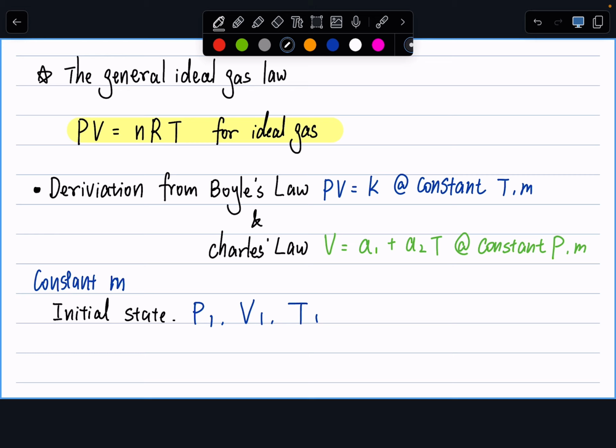And these two will always equal each other to some constant. So by only using Boyle's law and Charles law, what we have derived is that even if we change all three, the pressure, volume, and temperature, from one state to a different state, this relationship will always hold true. The P1 V1 over T1 will always equal P2 V2 over T2, equal to some constant at constant mass.